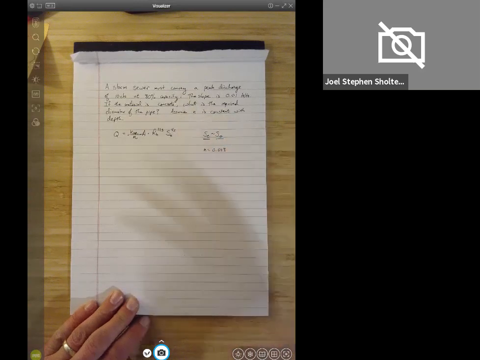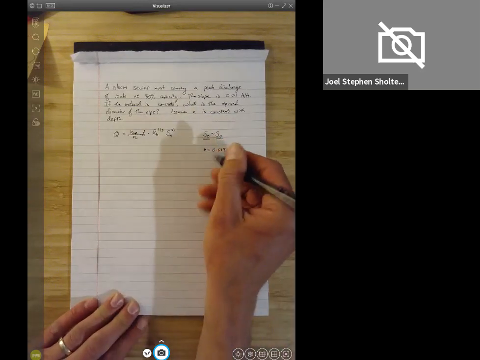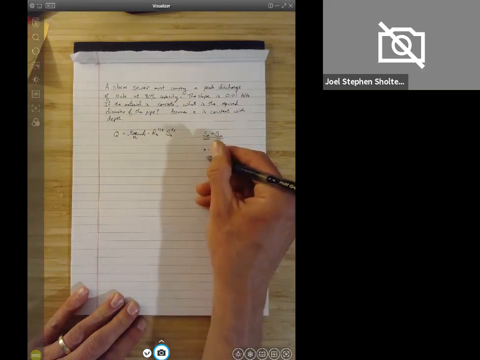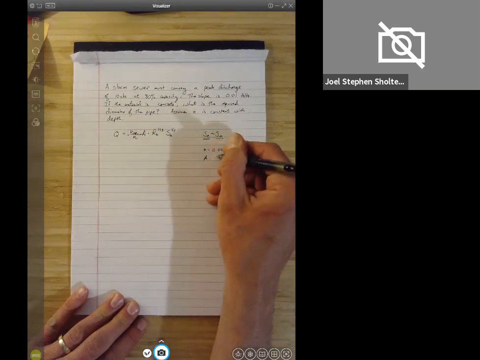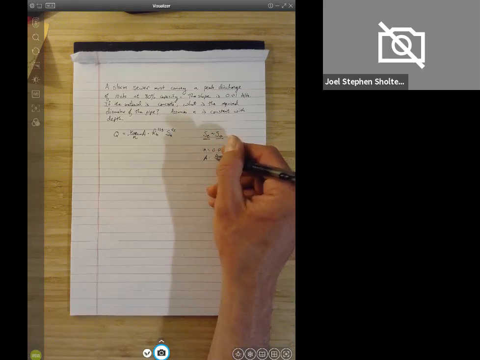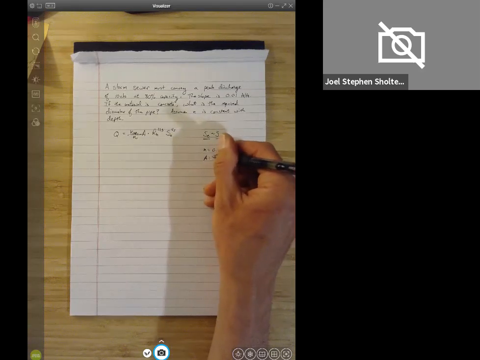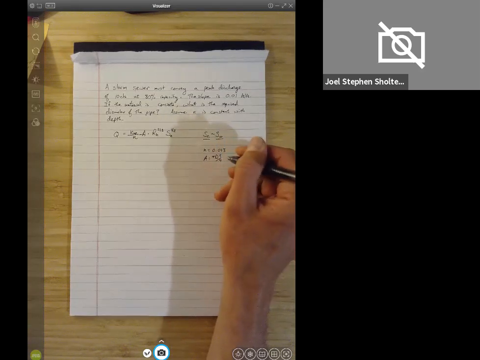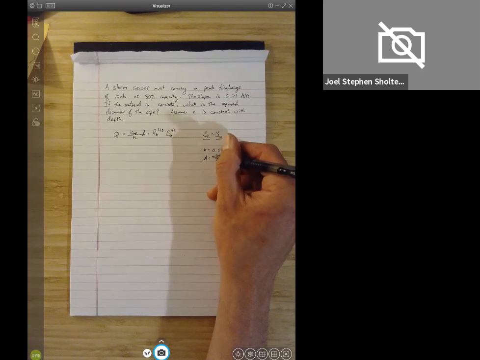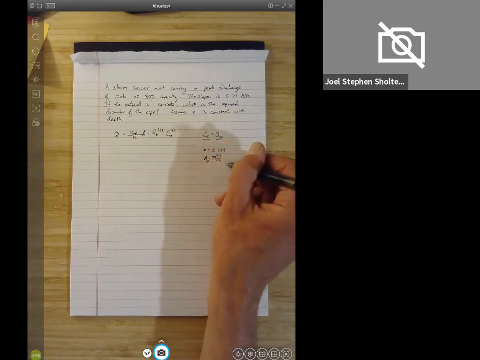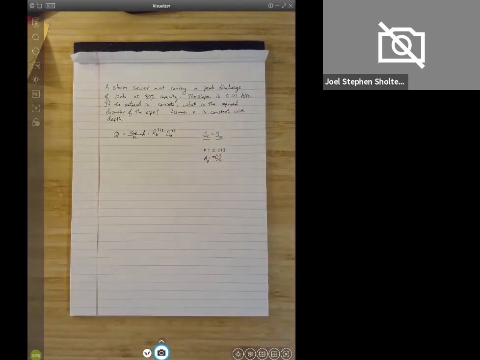Sometimes this is given in a problem. And then let's think about some other things. Well, area is going to be whatever the diameter of the pipe is. So D squared pi over 4, that's our area. That's at full, right? So if the pipe is full, then the cross-sectional area is going to be that. The cross-sectional area for a circular channel is complicated.